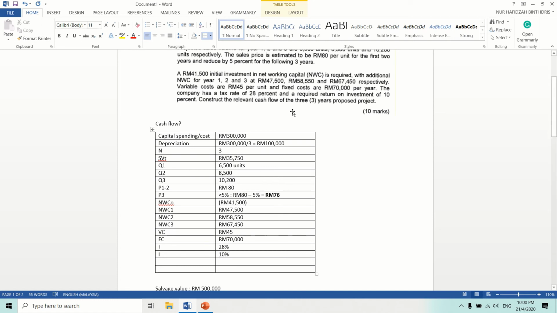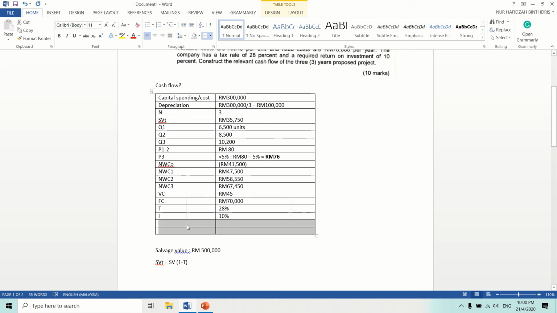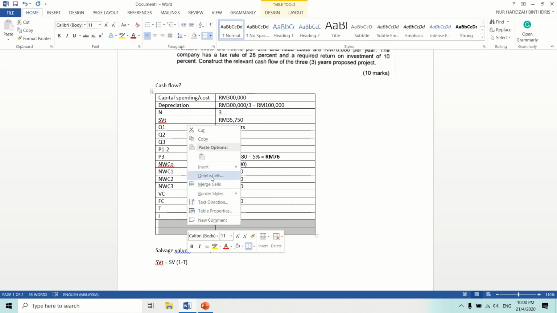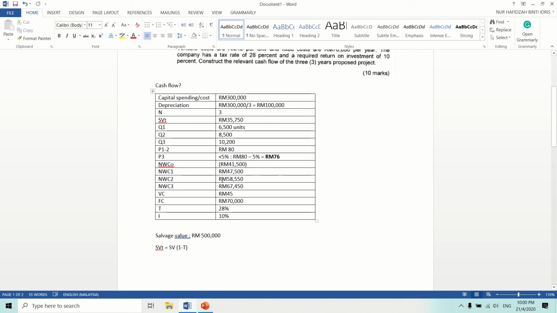Construct the relevant cash flow for the 3-year proposed project. So you need to find the project cash flow. This we have already discussed, so I can delete it.